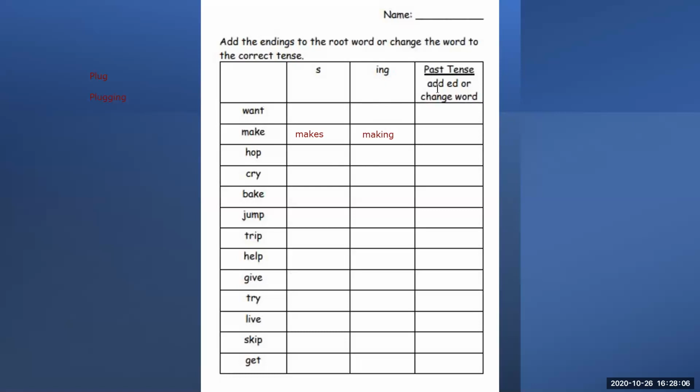And then adding the ed, or changing the word, we are putting it in the past tense, all right? So basically you're taking your verb and you are putting it in the past tense. So if I make a cake today, I will be making a cake tomorrow.